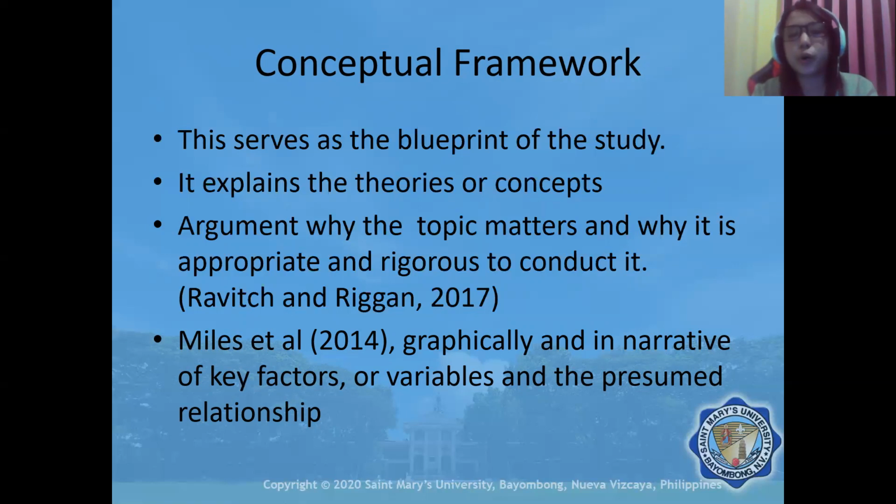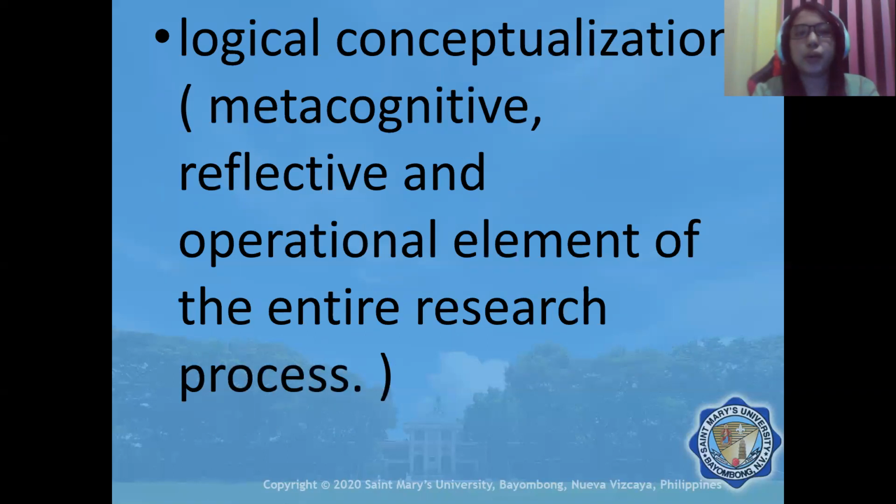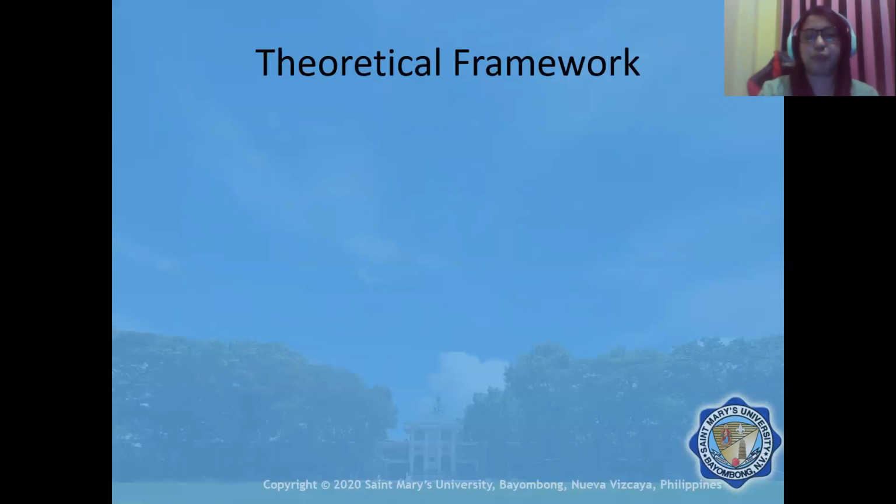It is where you present the key factors, usually the terminologies or main variables in your study. It is also a logical conceptualization, which means the study must be metacognitive, reflective, and an operational element of the entire research process.